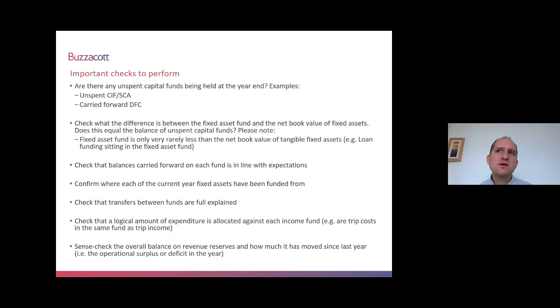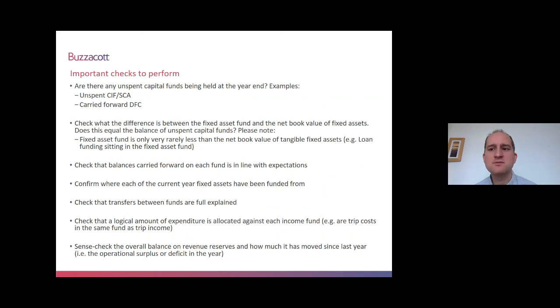It's also important to look at where fixed assets during the year have been funded from and make sure that makes sense in terms of the notes to the accounts. So typically in any year you might have fixed assets that are funded from SIF money, you might have funded some of them from your GAG money. So it's important to go through those fixed asset additions for the year, understand where all of those additions have been funded from, and then make sure that makes sense in terms of the notes to the accounts.